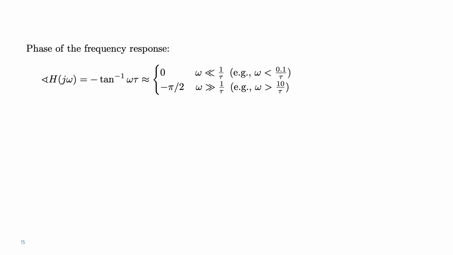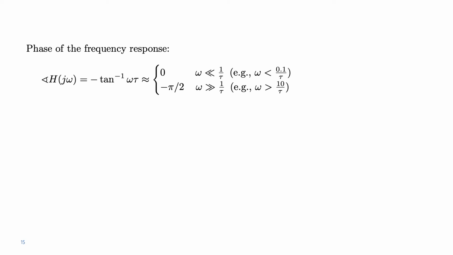We can also study the phase of the frequency response. If you go back and look at the expression for the frequency response, you see that the phase can be written as minus arctangent of omega tau. In this case too, we can have some very simple approximations that are going to help us in sketching the phase of the frequency response.